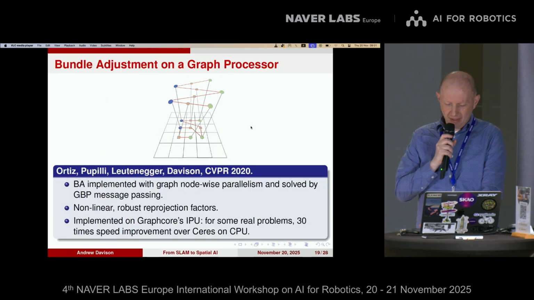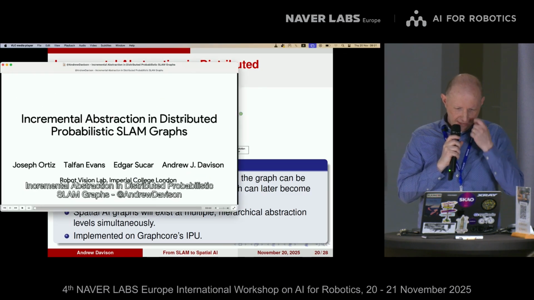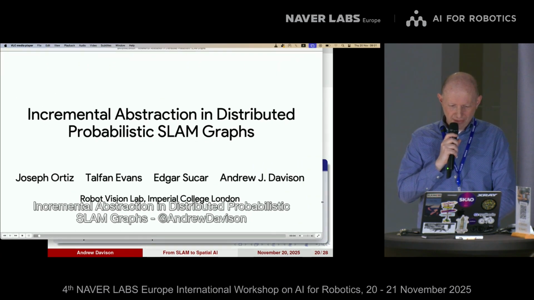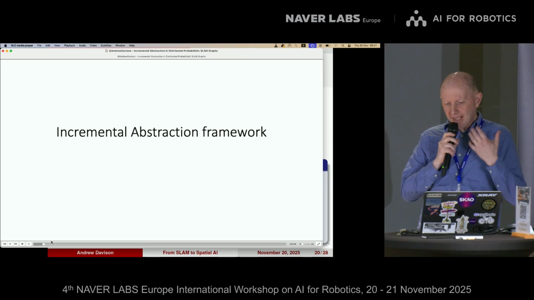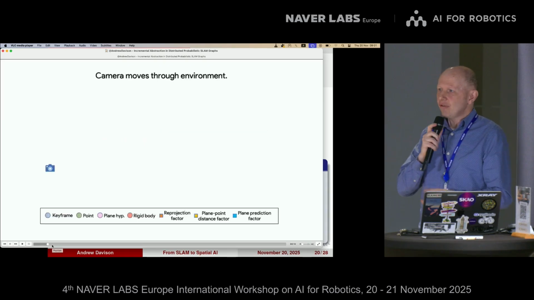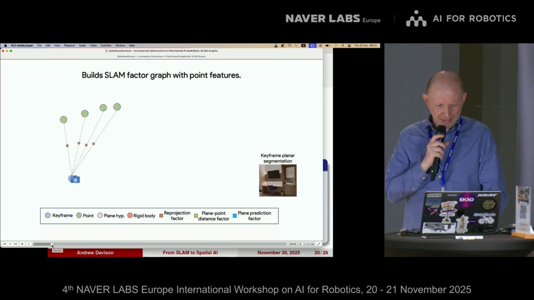What becomes maybe even more interesting though is when a problem becomes more complicated. So this is something we looked at that I think is the sort of thing we're interested in spatial AI. So we might start with a point-based model of a scene, but we gradually want to abstract that into something that's more like an object-based model.